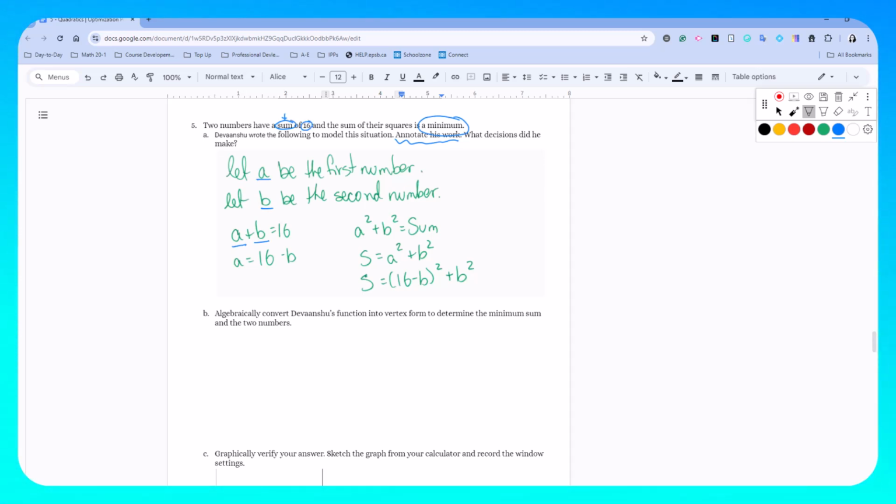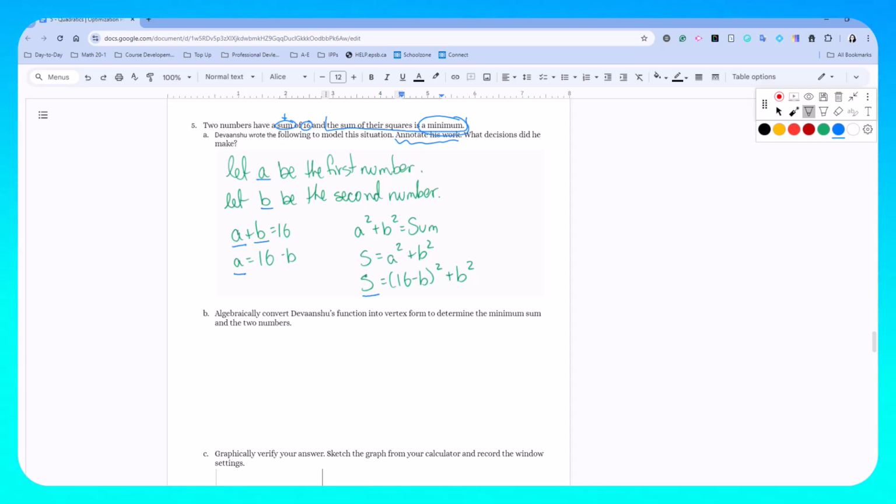So he added them together, and then he decided to isolate his A. And he held on to that until he got over to the next part of the question. He said the sum of their squares is a minimum. Well, A squared plus B squared equals sum, which he called S. And then he said S equals A squared plus B squared.